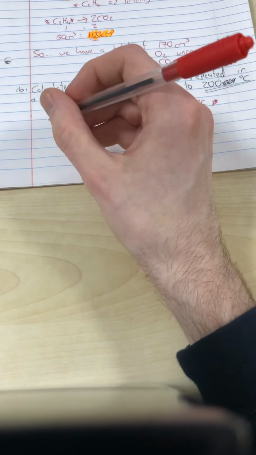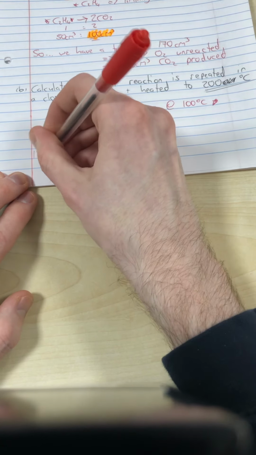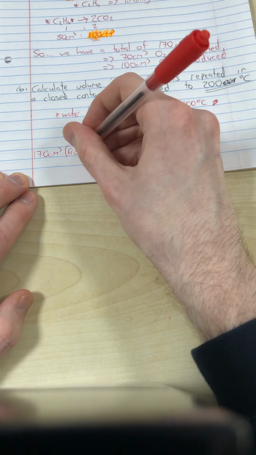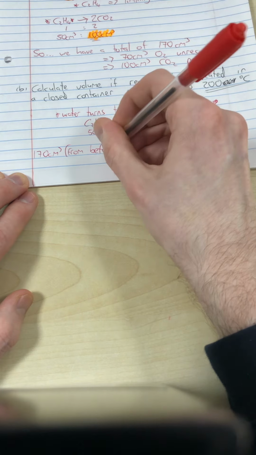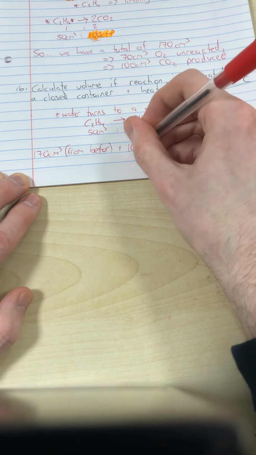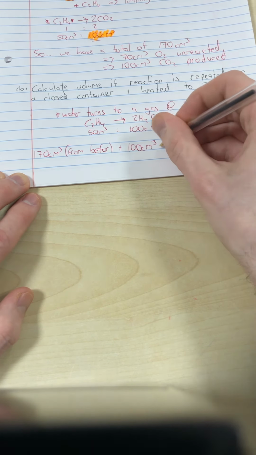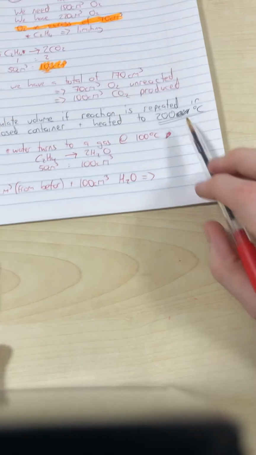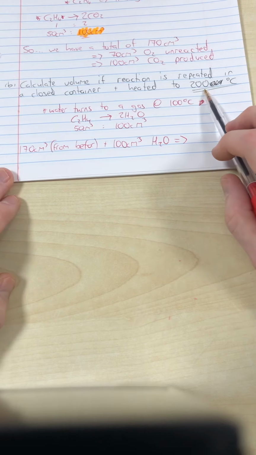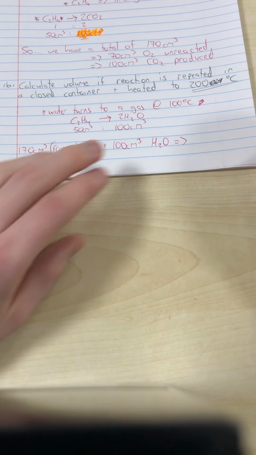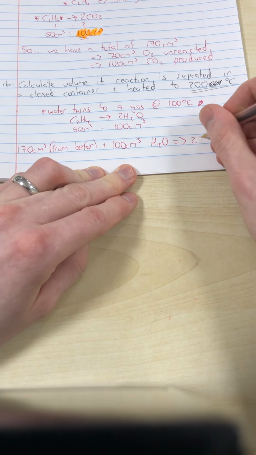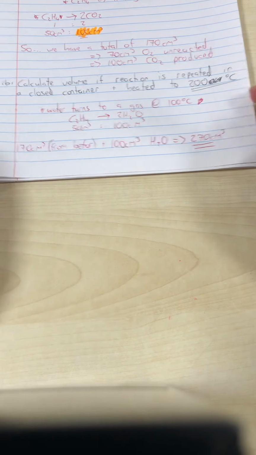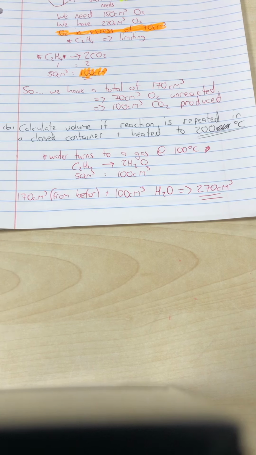From before, we had 170 centimetre cubed, and we add that to our 100 centimetre cubed of water. So in total, at 200 degrees Celsius, because water evaporates at 100, we're now going to have 270 centimetre cubed.